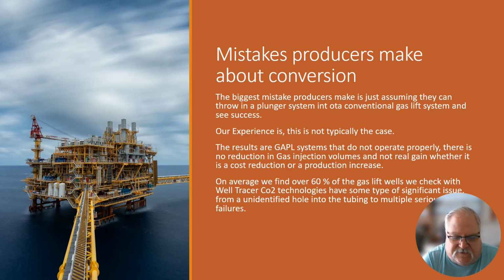If you need to inject enough gas to keep the well above critical to lift the liquid, we know we can lift that same amount of fluid, usually around 60% of critical, with a plunger lift. So if you're having to crank up and put more and more gas into the well to make this system work, it's telling you something's wrong. It shouldn't be that way.